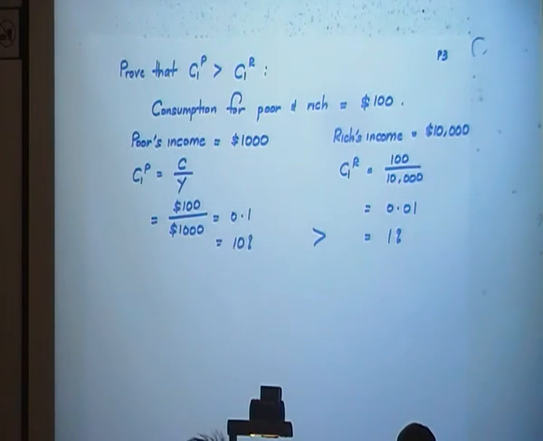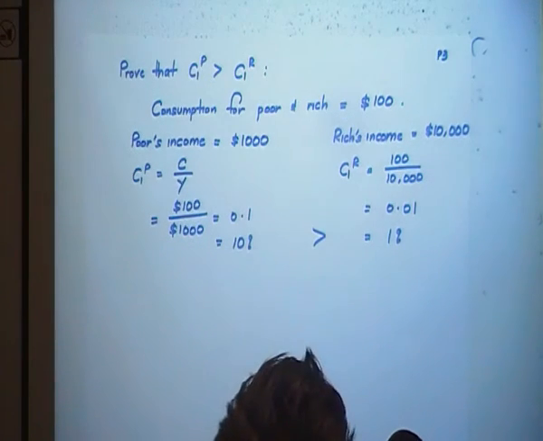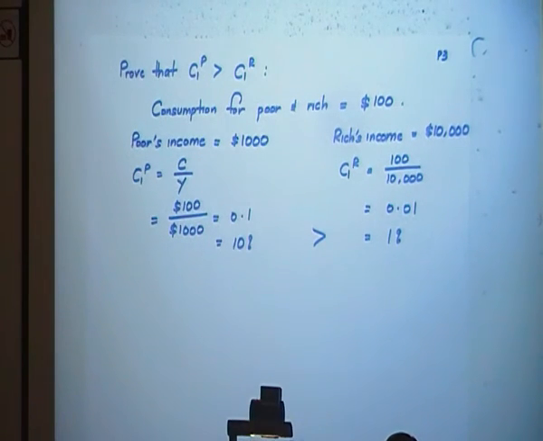That is what was in here. So do you agree that the MPC of the poor is higher than the rich? That is how you know. That's why rich people have savings. Poor people don't have. That is the reason.